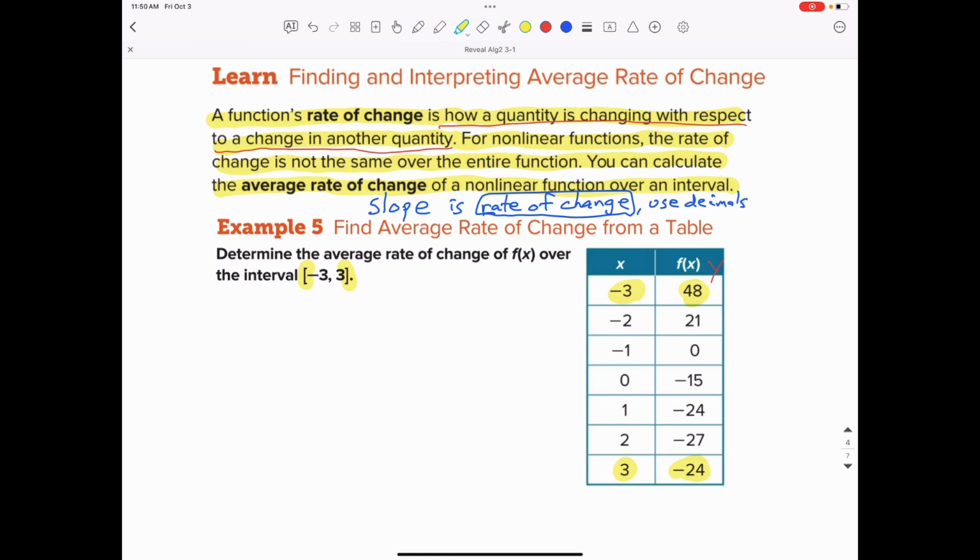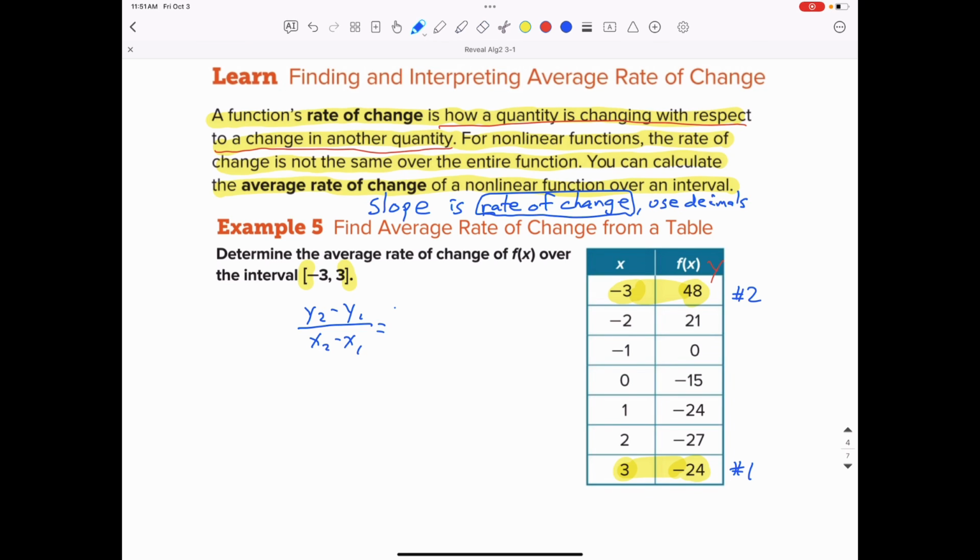So we're going to use these two as ordered pairs, and we're going to find the slope. So we'll do the slope formula, which is y2 minus y1 over x2 minus x1. I'm going to use the top number as my y2, so this is point number 2, and this is point number 1.